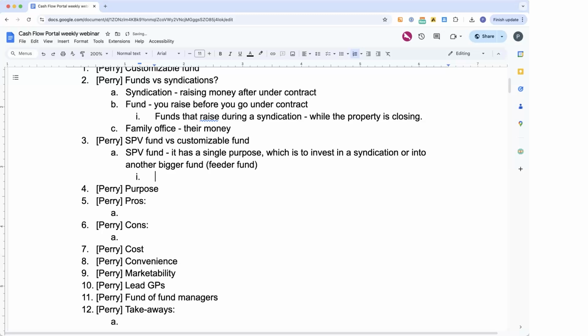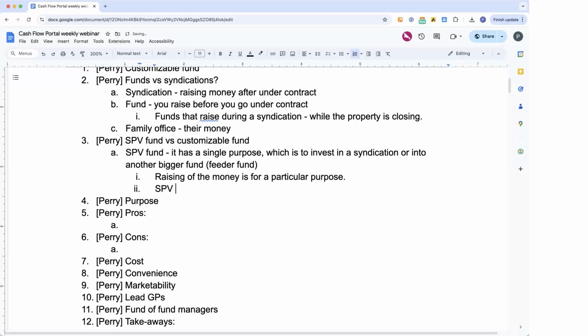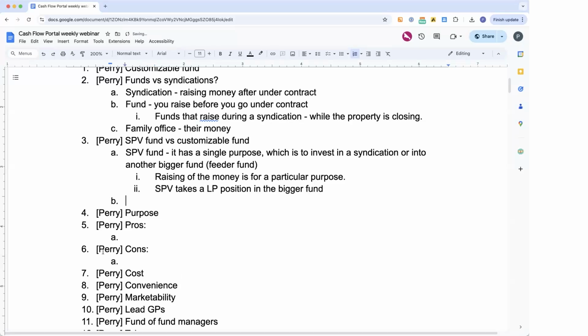The raising of the money is for a particular purpose. It's usually for an asset, or it could be for a startup. And so you can raise $2 million, and that SPV fund takes an LP, a limited partner position, in the bigger fund. That's what the SPV fund does.